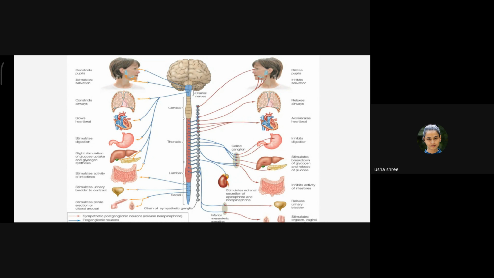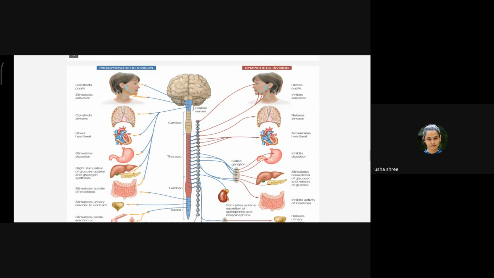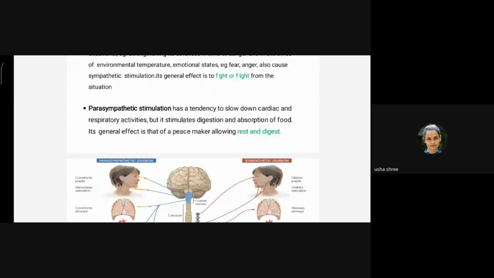Then when I zoomed into the picture, I understood that the preganglion is starting from the thoracic region. I will provide you the slides, then you can see on your own on your laptop screen. Ma'am, please today, without forgetting, please share the slides, because these things are important. I will.